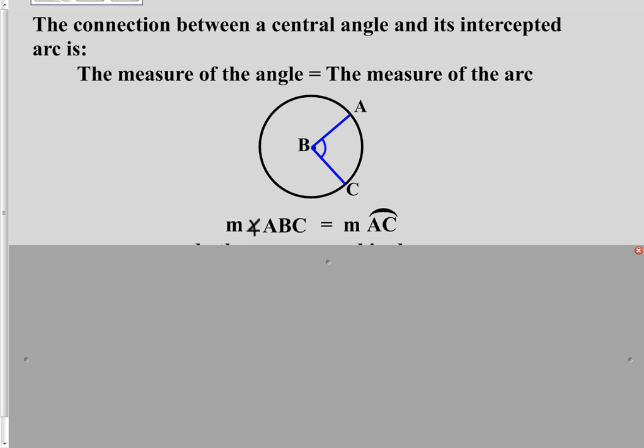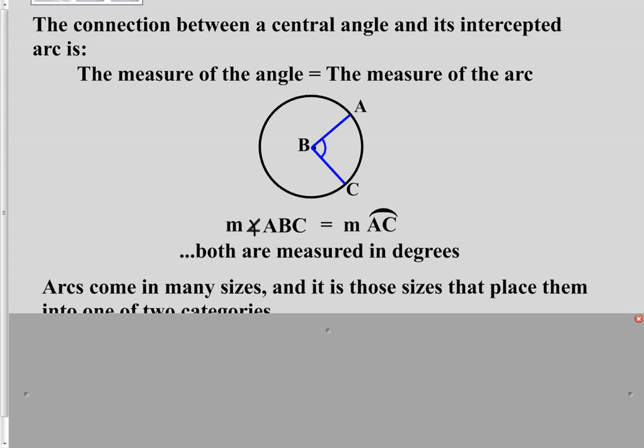Now the relationship between the central angle and its arc is that a central angle and its arc are always going to measure the same when we are talking in degrees. So whatever the degree measurement of the central angle is, the degree measurement of the arc will match that, and vice versa. If you know the degree measurement of the arc, then the angle measurement will be the same.